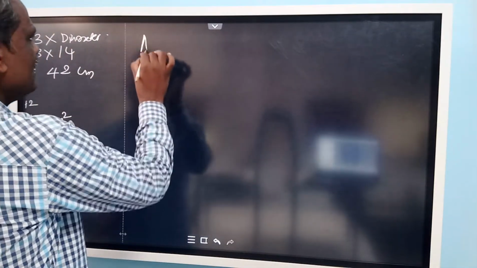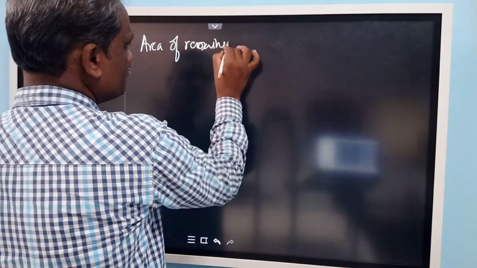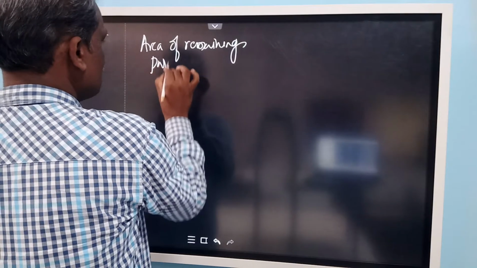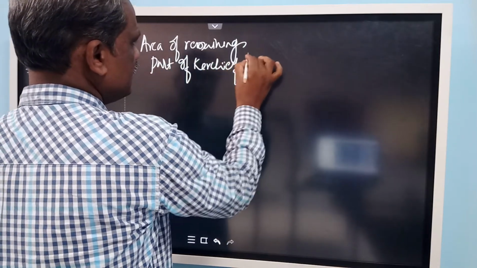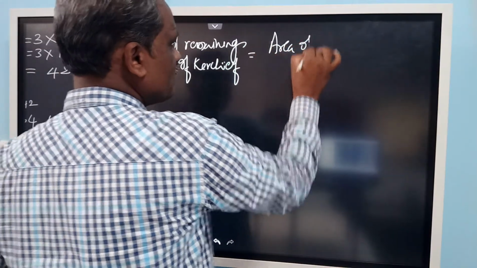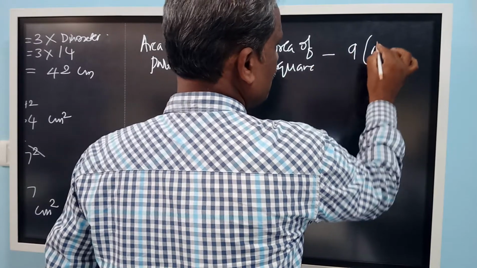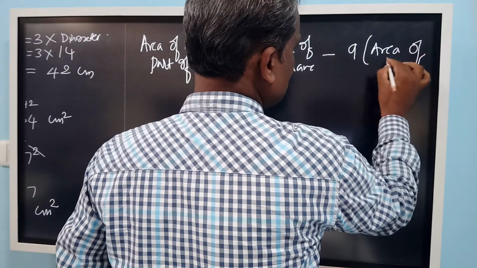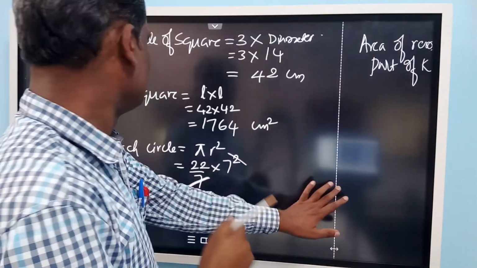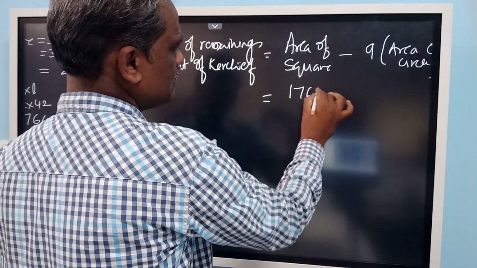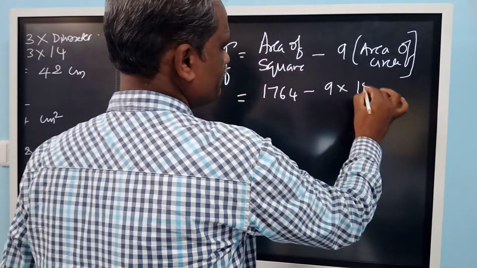Or directly you can write area of remaining part of kerchief is equal to area of square minus 9 into area of each circle. 9 times the area of circle. So now area of square we calculated, that is 1764 minus 9 into area of each circle, it is 154.